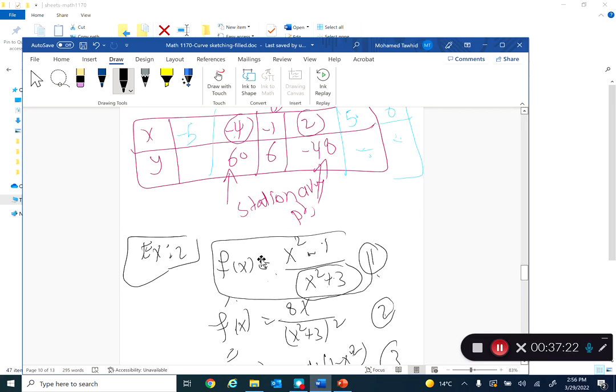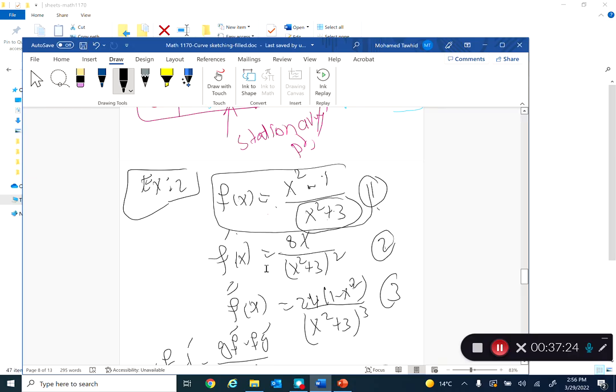So when I go for this fraction, I'm not worried about x squared plus 3, because it's always positive. There is no value of x that would make me divide by 0. f of x is always defined. If you take x equals 0, what is the value of f? You get a value for f.